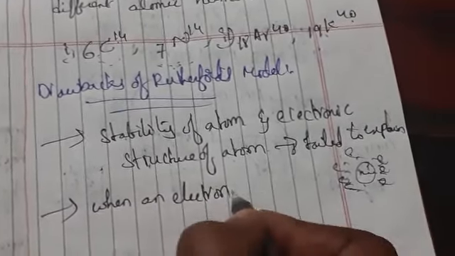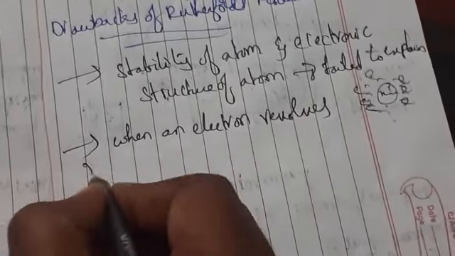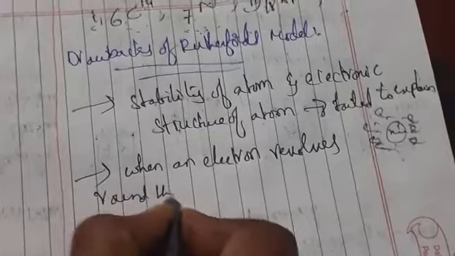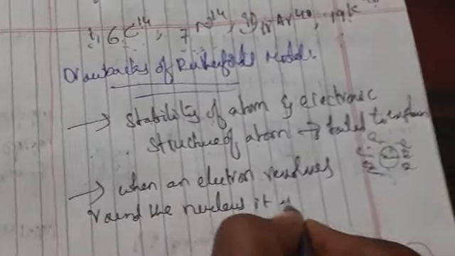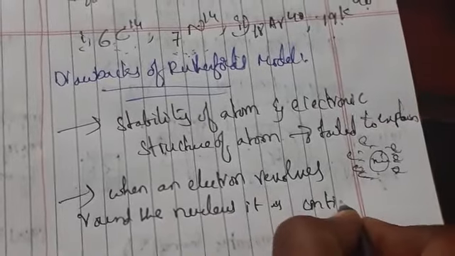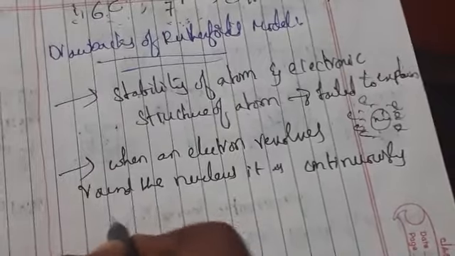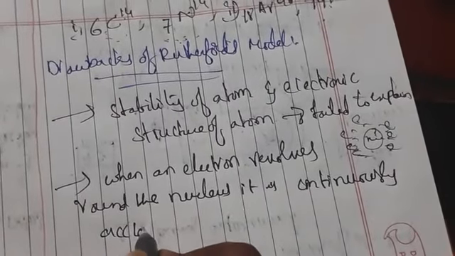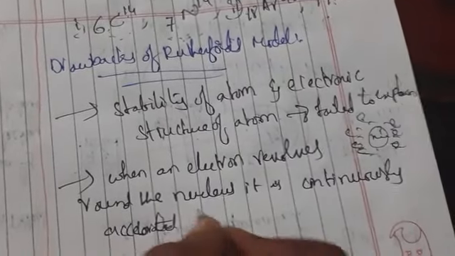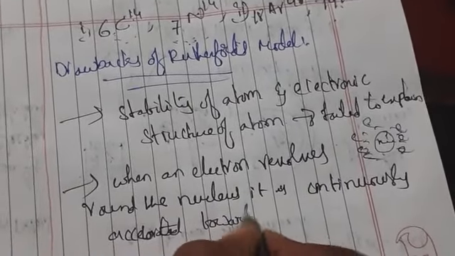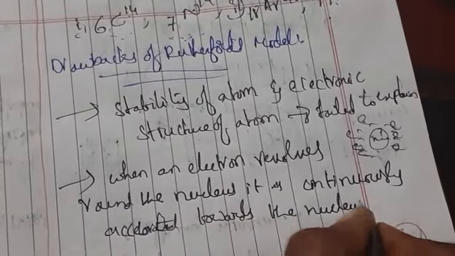When an electron revolves round the nucleus, it is continuously accelerated, meaning moving fast towards the nucleus.